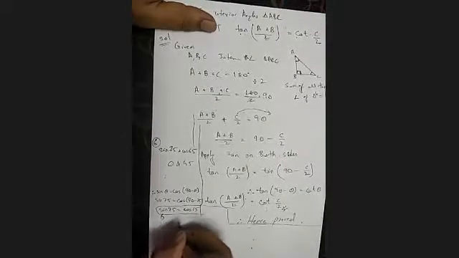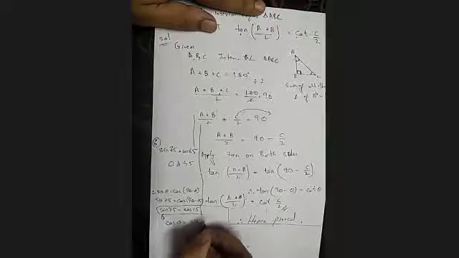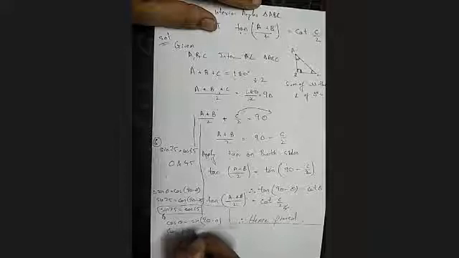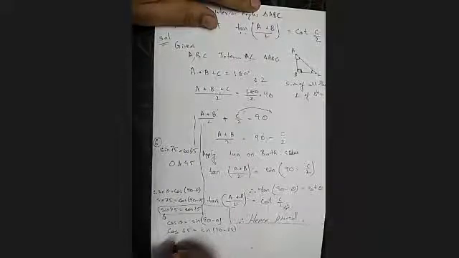Now cos theta is equal to sine 90 minus theta. So cos 65 will be equal to sine 90 minus 65. What is 90 minus 65? 25.